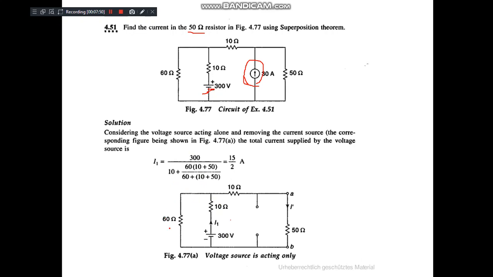First we consider this 10 and 50 in series, and this combination is parallel with 60, that is 10 plus 50 in parallel with 60, and in series with the 10 ohm. So that's why I1 is this one.